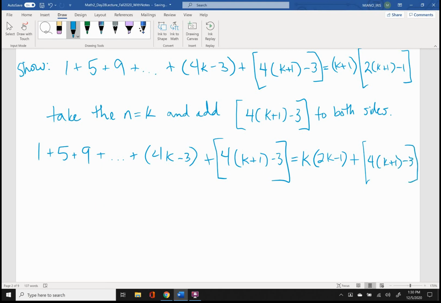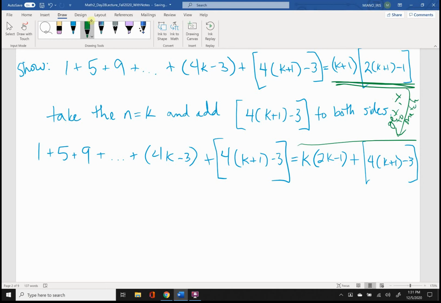So now what we want to do is take what we have over here and we want to get it to match what's going on right here. So we've got to get this to match. We're not going to touch the left-hand side of the equation anymore.